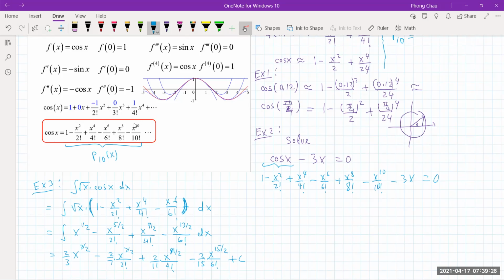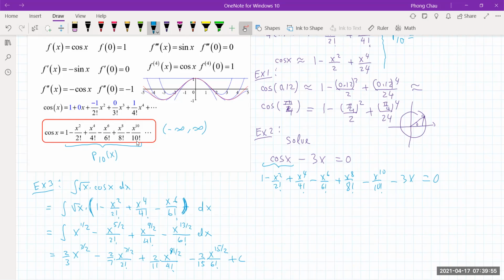When you look at the series over here, it might converge on an interval, like from -2 to 2, or -3 to 3. But in this example here, it actually converges from negative infinity to positive infinity. That means they are always equal for every value of x.